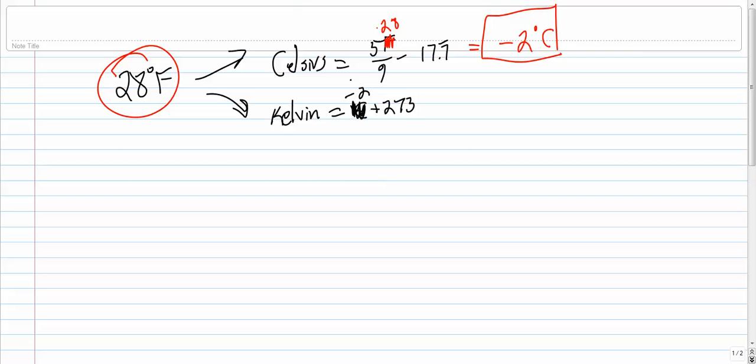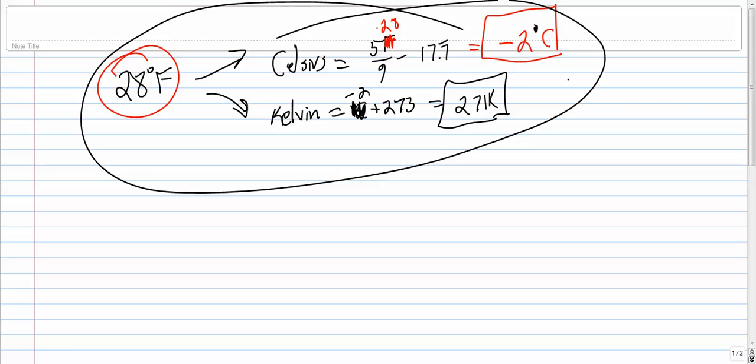So this is going to be 271. And we don't use the degree sign for Kelvin. We just call it 271 kelvins. So that is how you switch back and forth between Celsius and Kelvin and Fahrenheit. It's basically just some algebra.